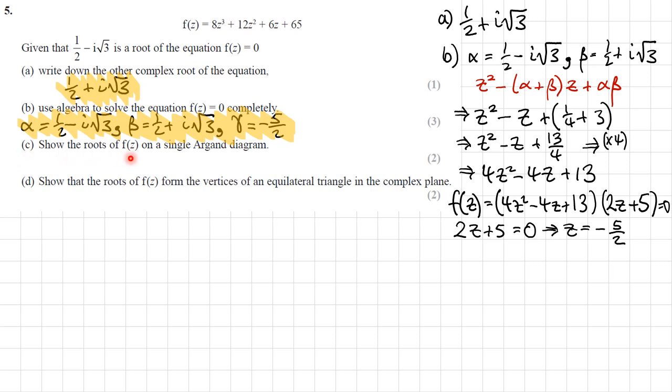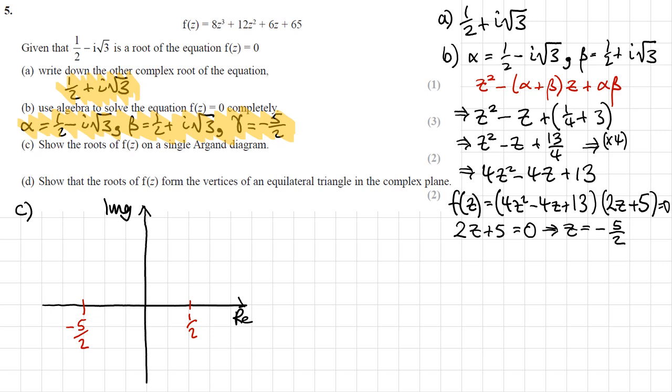Show the roots of f of z on a single Argand diagram. So let me do my Argand diagram over here. So I've got my imaginary and real axis. So I know that I've got a real value of a half here, and then another real value of negative 5 over 2. And I have imaginary values of root 3 and negative root 3, and then I can put the 3 roots on.